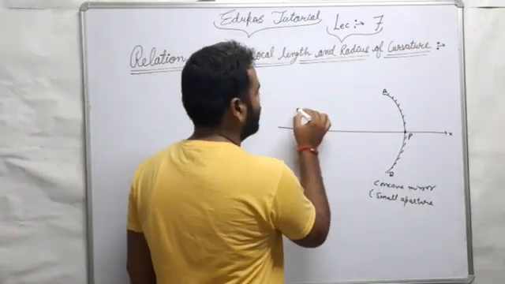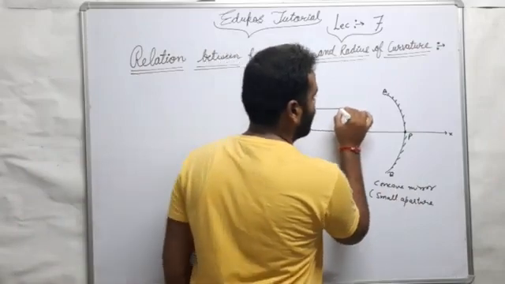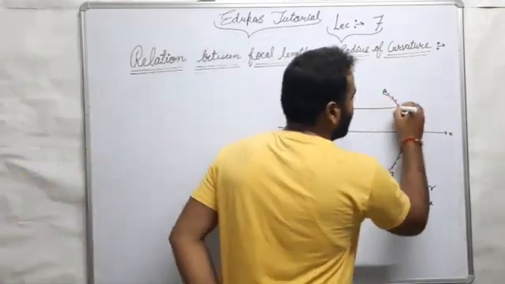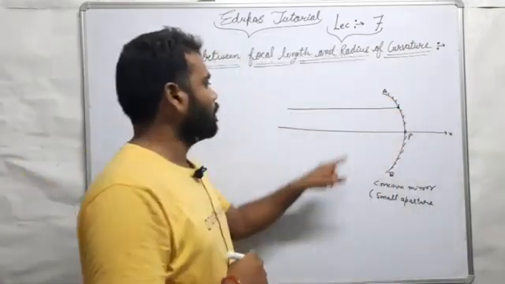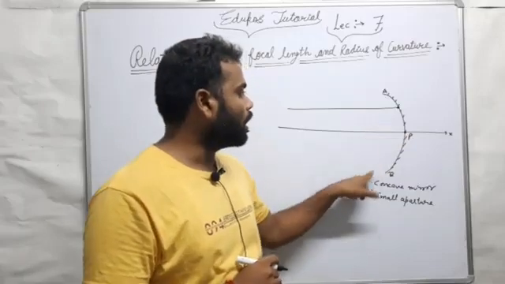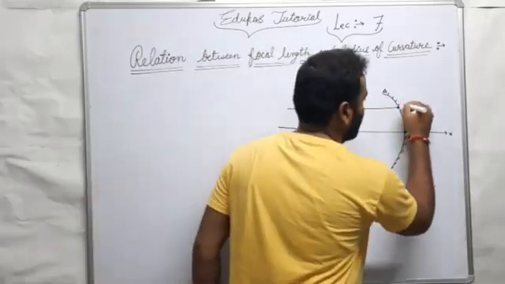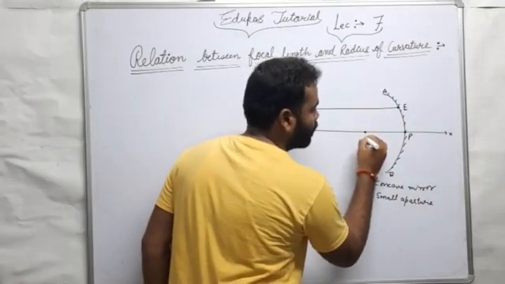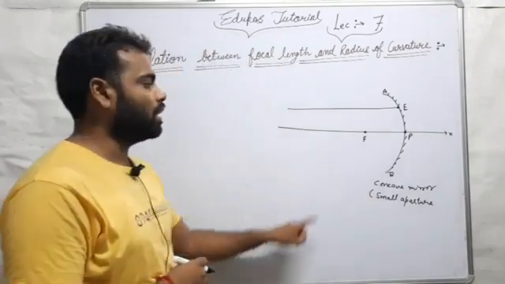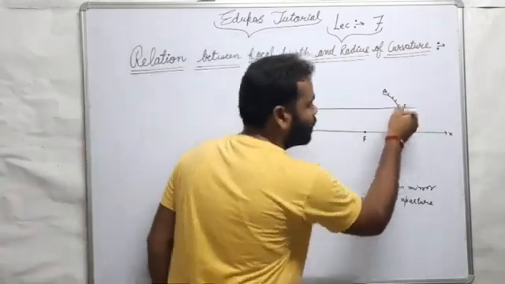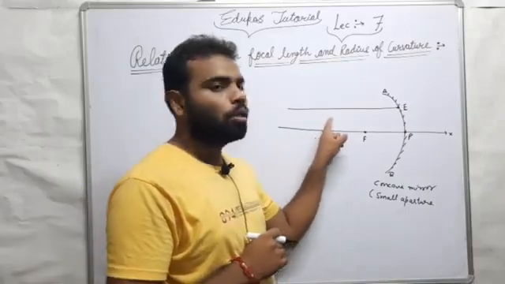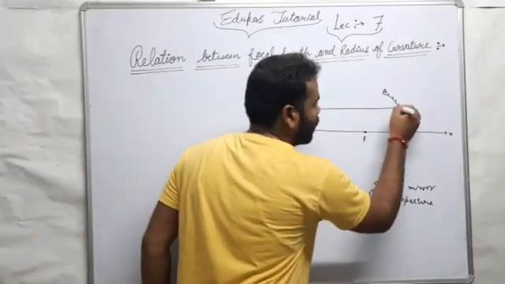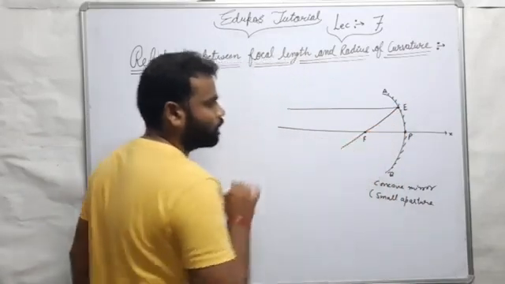Now let us assume that a ray which is going parallel to the principal axis strikes the surface of this concave mirror at some point E. The focus of this concave mirror can be represented by F, and after striking, we know that rays parallel to the principal axis will pass through the focus.